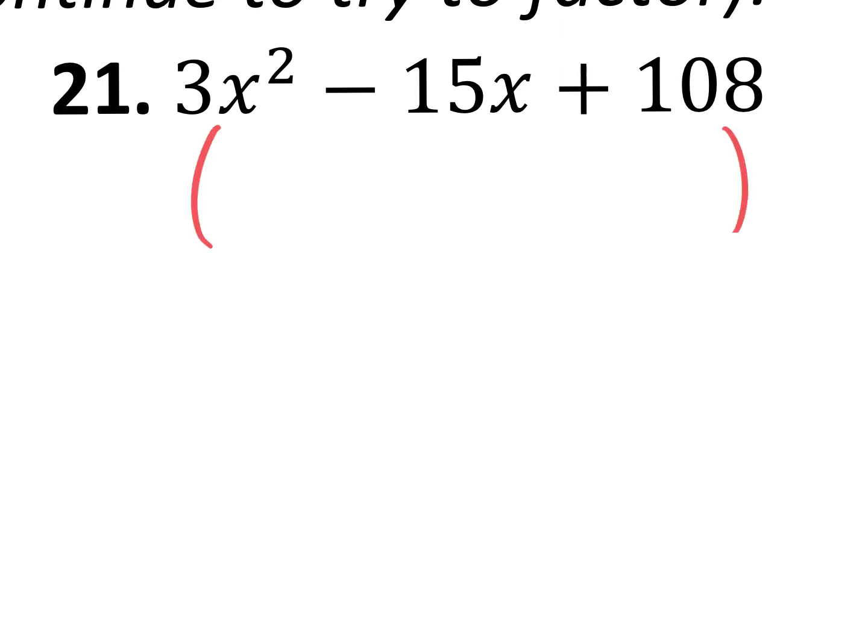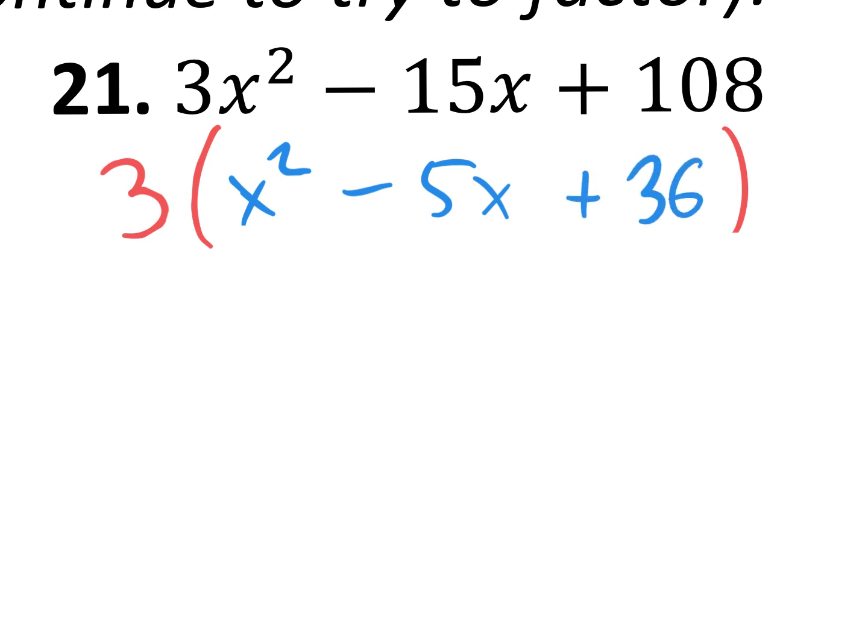Okay, so if I do pull out a 3, on the inside I'll have 3 times x squared is 3x squared, right? 3 times what gets me back to negative 15x? Negative 5 with an x. And 3 times what gets me back to 108? It was like 30 something. 36? Perfect. Okay, so now I see that there's a blue quadratic trinomial with no number in the front.